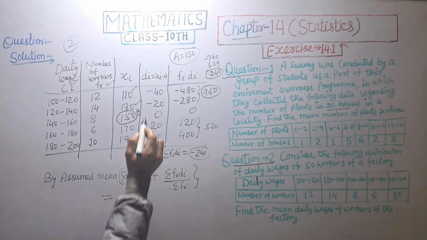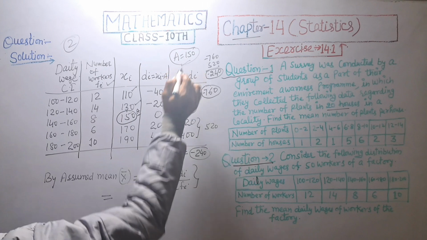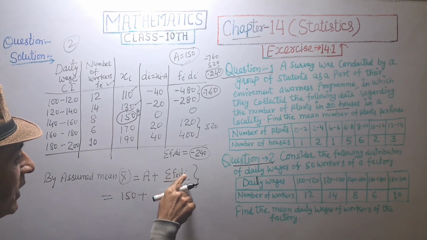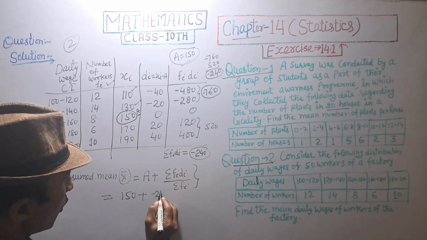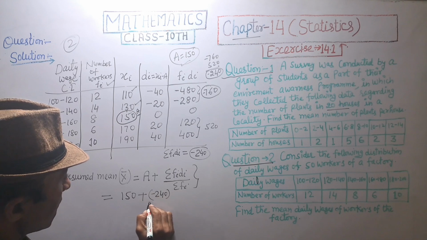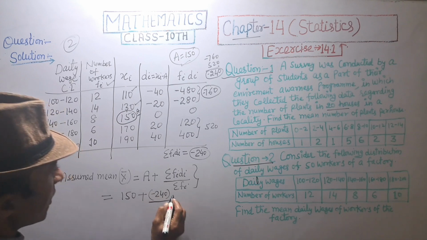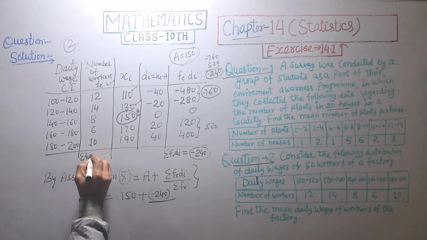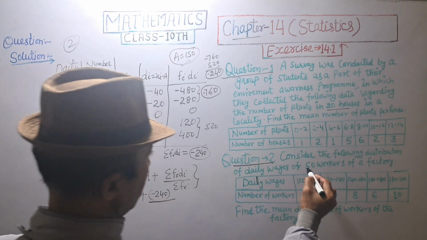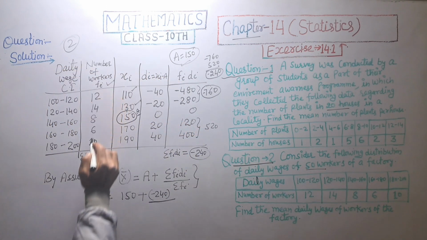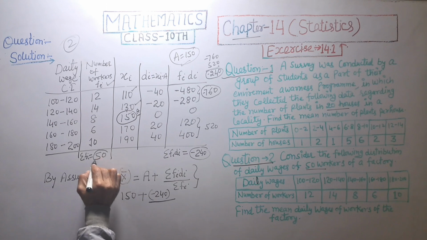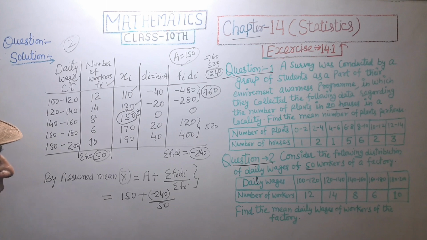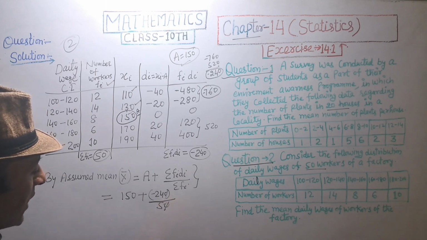Assumed A is equal to 150 plus FiDi, which is minus 240, divided by the sum of frequency, which is 50 workers, so the sum is equal to 50. Divided by 50, the 0 and 0 are cancelled.